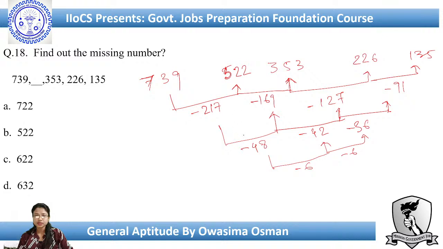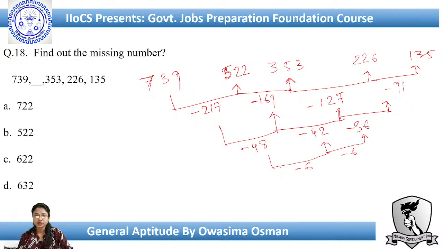So we have to calculate this series in this manner. 36 is less than 42 by 6, and 42 again is less than 48 by 6. And 169 is less than 217 by 48.